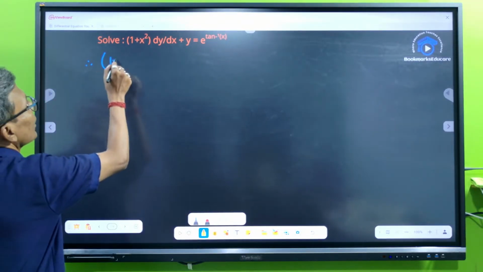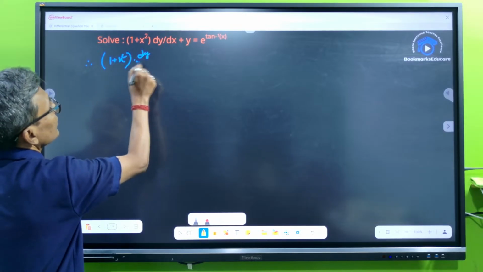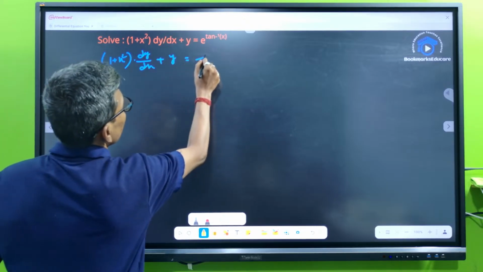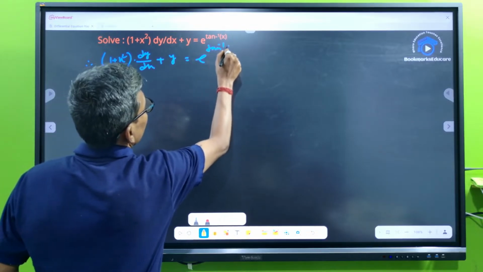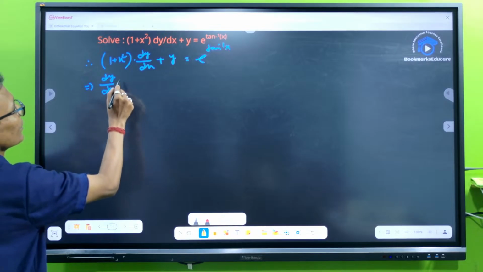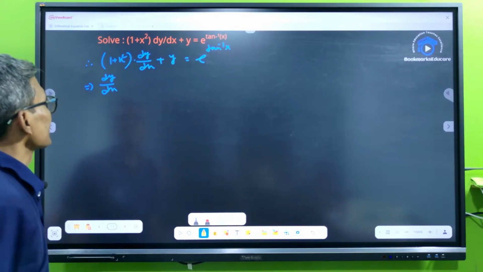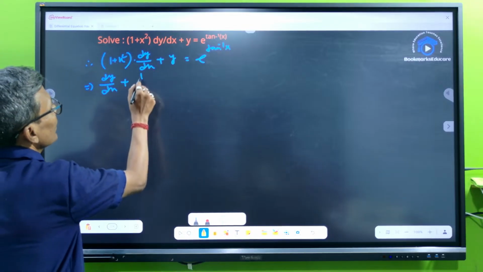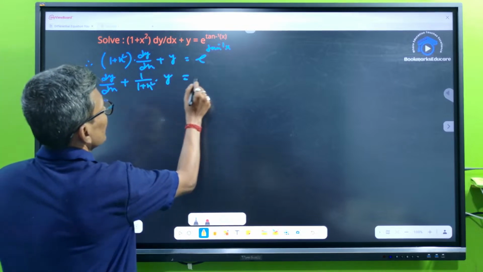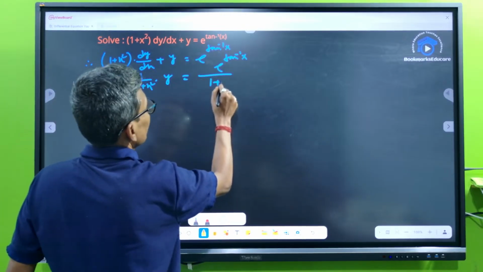Dividing both sides by 1 + x^2, we get dy/dx plus 1/(1 + x^2) into y is equal to e^(tan^-1 x)/(1 + x^2).